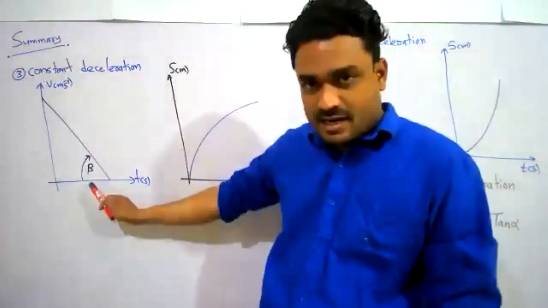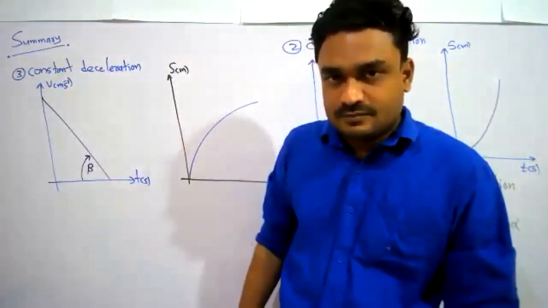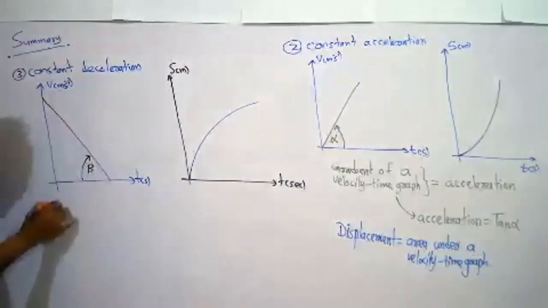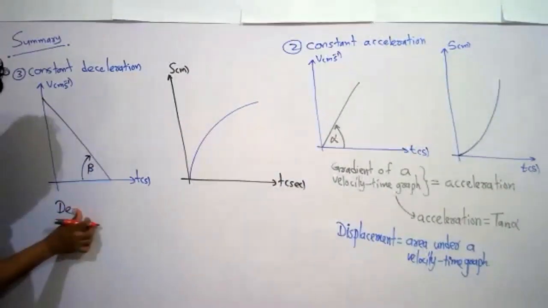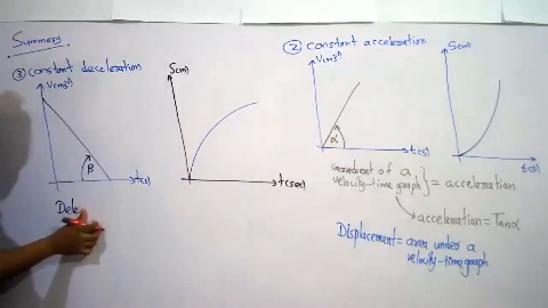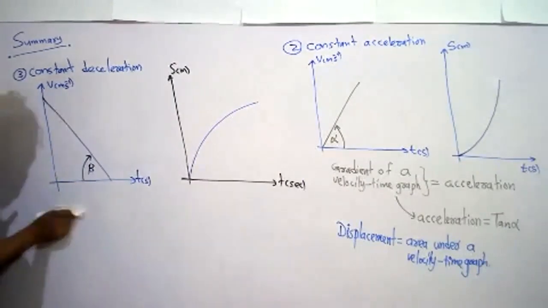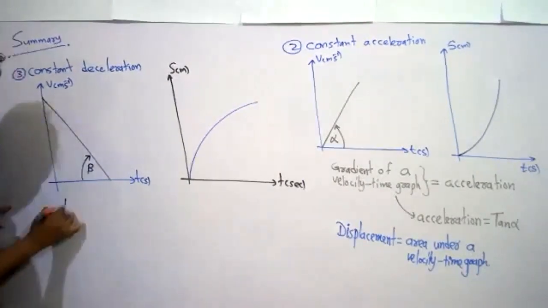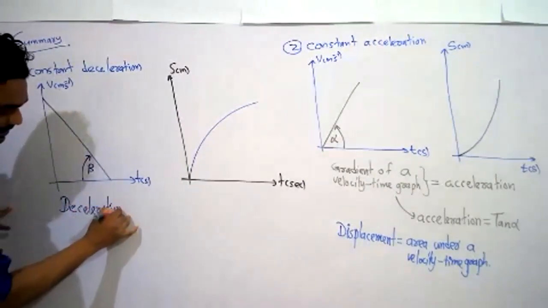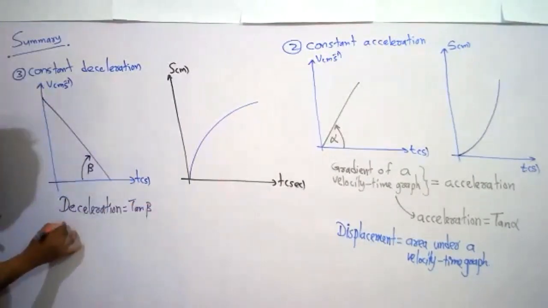If you find tan beta, it is equal to, Lamai? Deceleration, very good. So still the relationship is true. Deceleration equals tan beta.